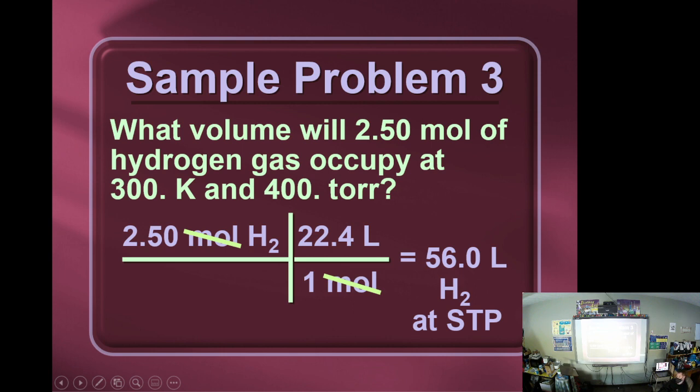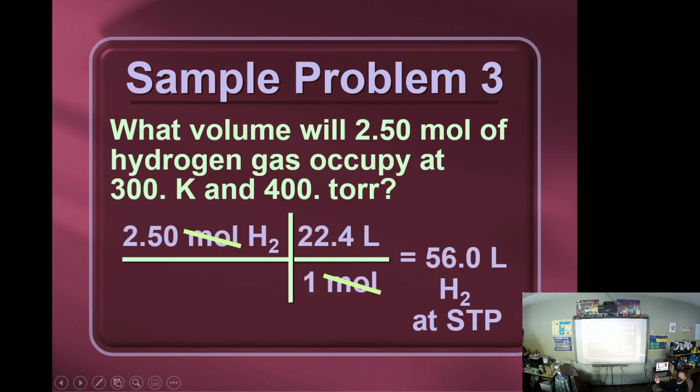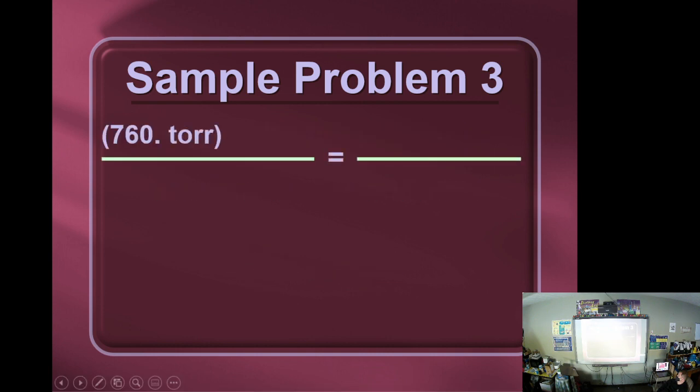One mole is 22.4, 2.5 moles is 56. Then, that gives it to you at STP, standard conditions. I need it at non-standard conditions. So standard conditions at torr is 760 torr, and for Kelvin, it's always 273. So we're at standard conditions, or 760 torr.